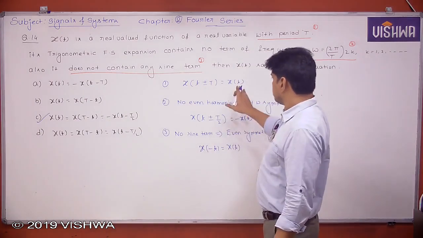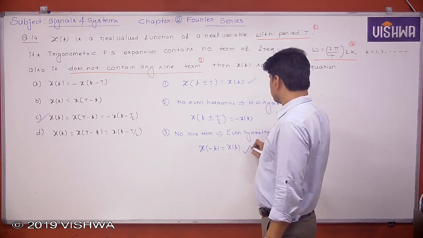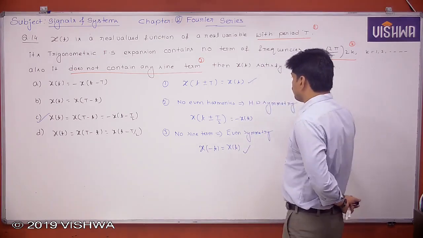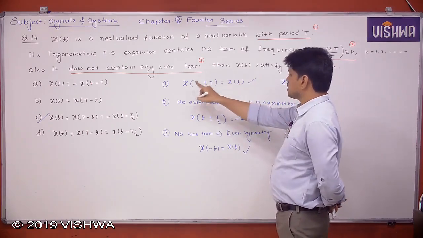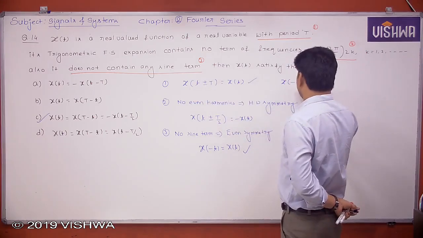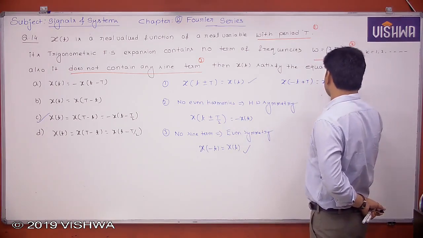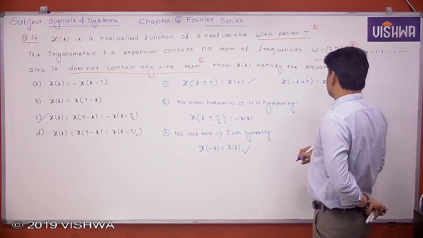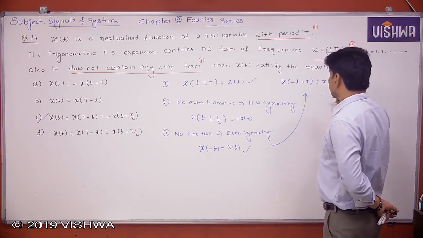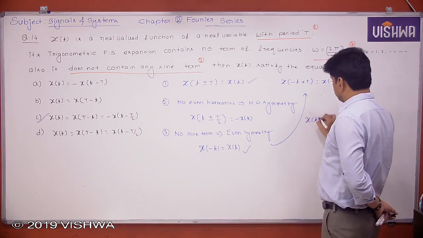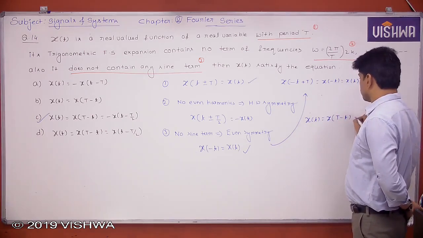First of all, x of t, x of minus t. By combining 1 and 2, what can we write? X of minus t. If t is replaced with minus t, and I take plus T, it is equal to x of minus t, which is nothing but x of t. So by substituting here, what is x of t? X of t is equal to x of capital T minus t is equal to x of t.